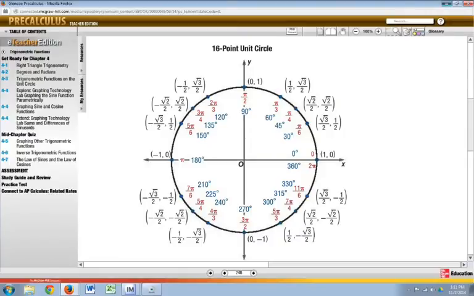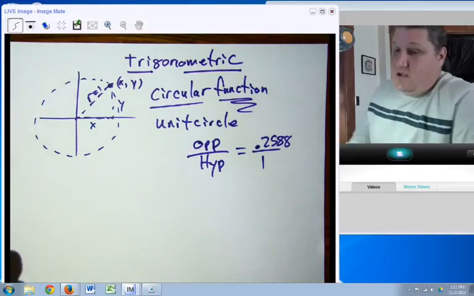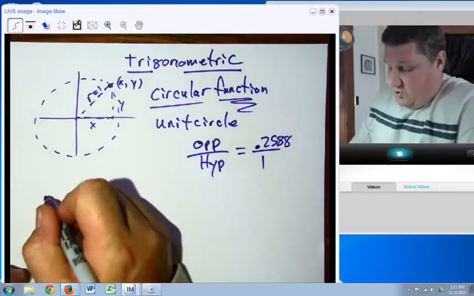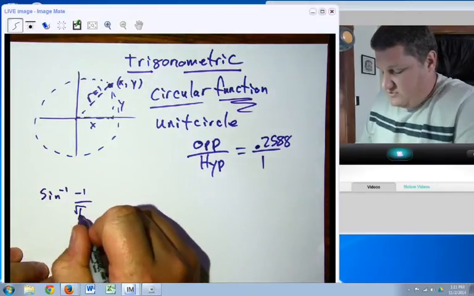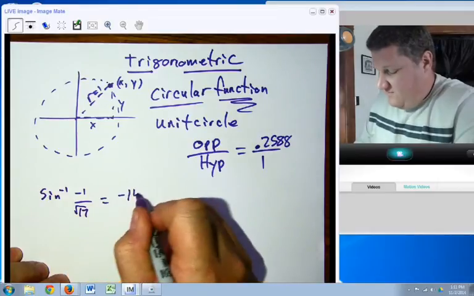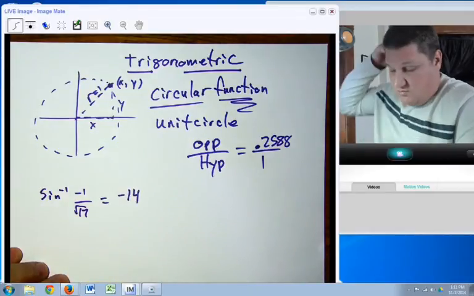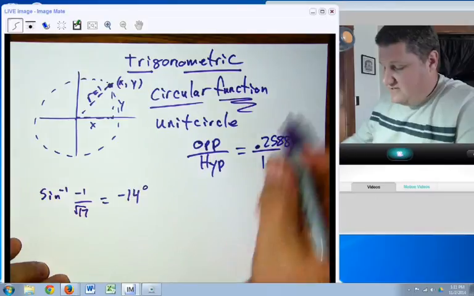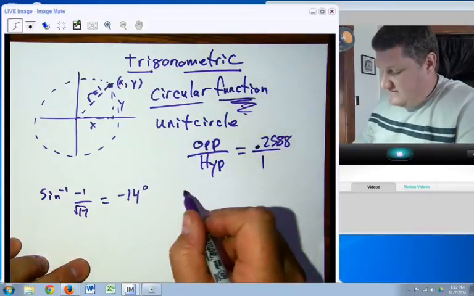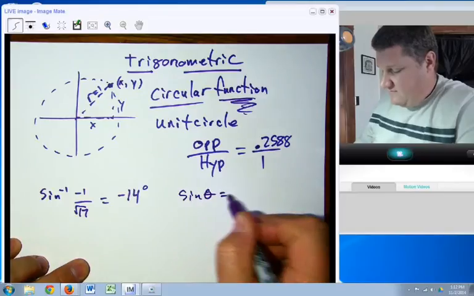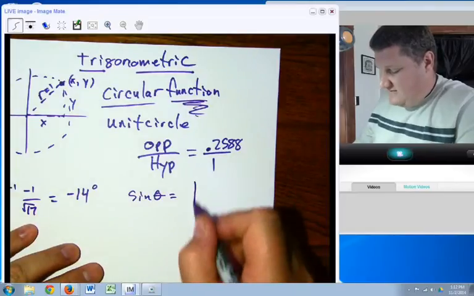Now, another little tidbit of information. Earlier, we did sine inverse of -1 over root 17, and it came out -14 degrees. The reason it came out -14 degrees is because each of these has to be a function. Well, sine has a graph that looks like this.